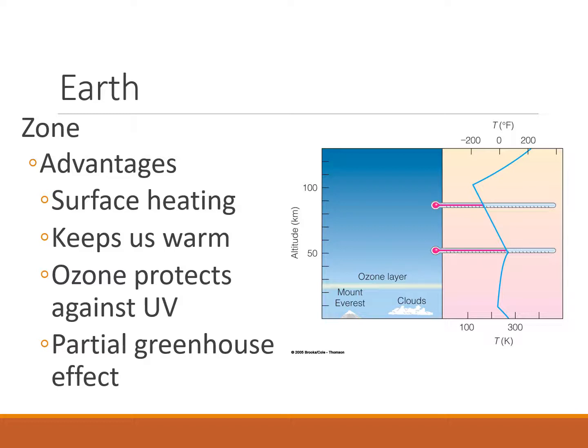The ozone layer actually protects us from UV radiation. Part of that UV radiation does get through, and it's actually trapped close to the surface by the greenhouse gases. We call this a partial greenhouse effect. And we actually need to have this partial greenhouse effect.